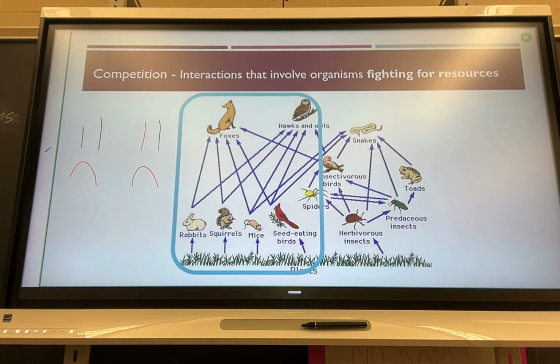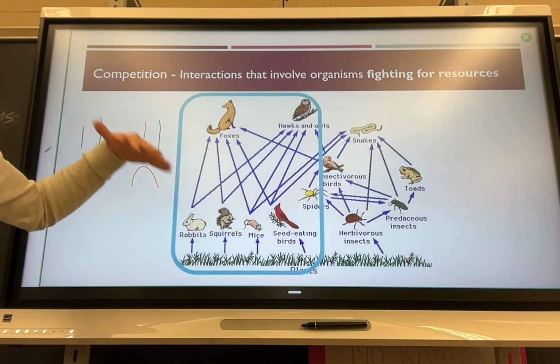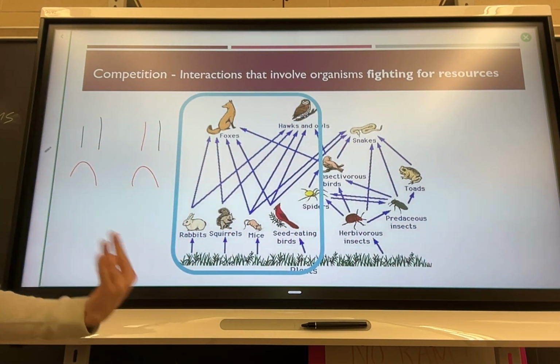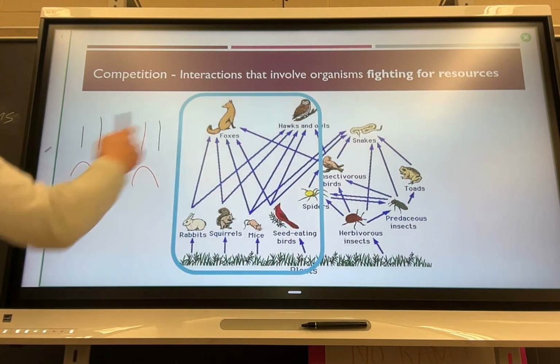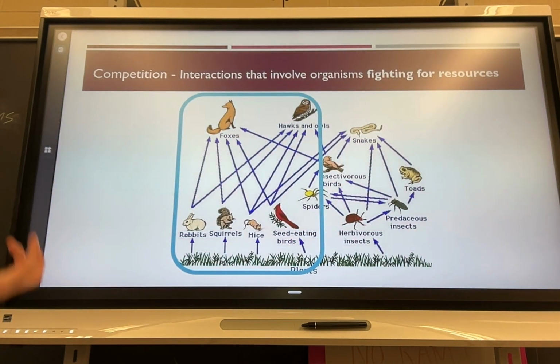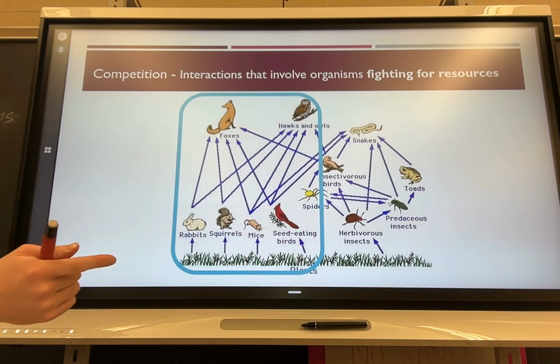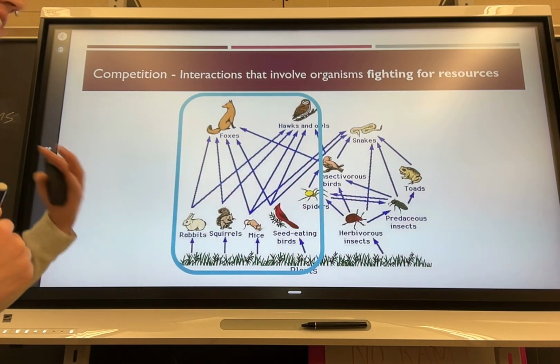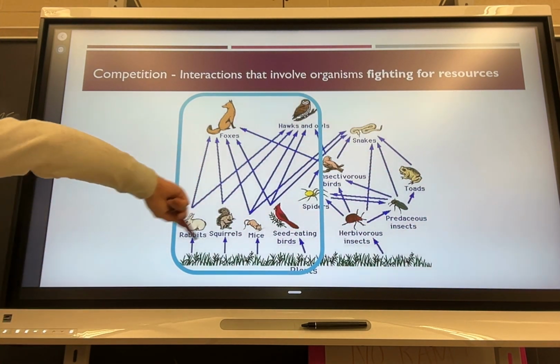Both of these organisms have to utilize resources to get more resources. And this fighting is going to lead to downsides on both sides. So for example, the fox and the owl both have to compete for the same food, which means that they're going to be fighting against one another, so they are less likely to get food because of this.